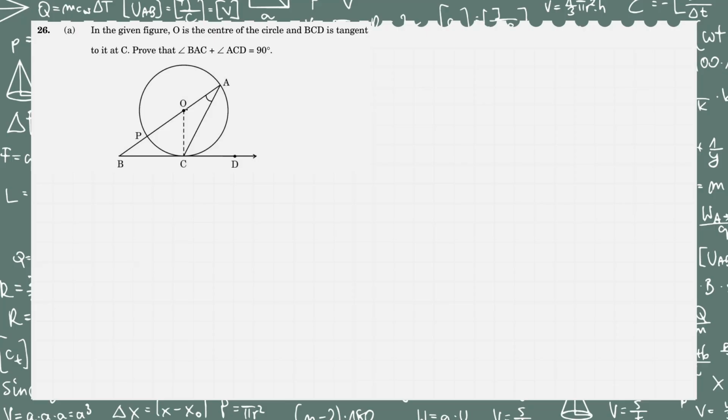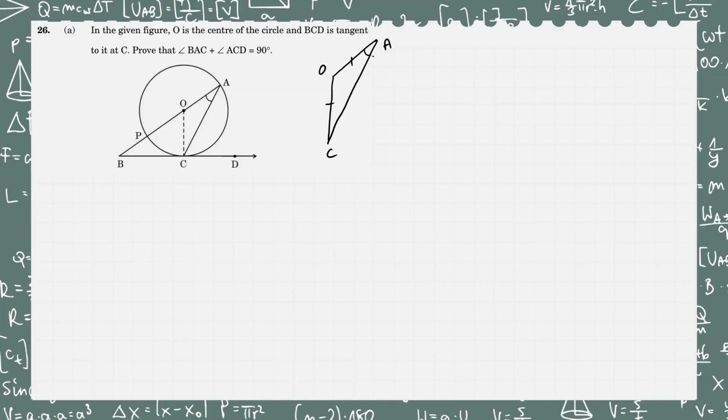First of all, let us consider the triangle OAC. We know that OC and OA both are radii of the same circle. So they both should be equal to each other. So OCA is an isosceles triangle.